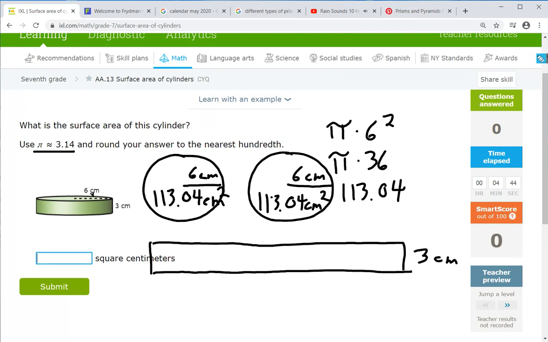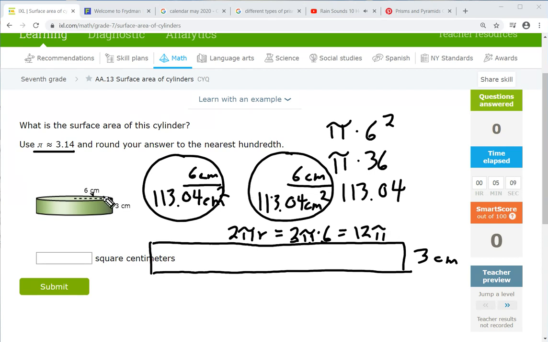So the length here would be equal to 2 pi r, which is 2 times pi times 6, because the radius is 6. And then 2 times 6 is 12. We can multiply those first, so we have 12 pi.